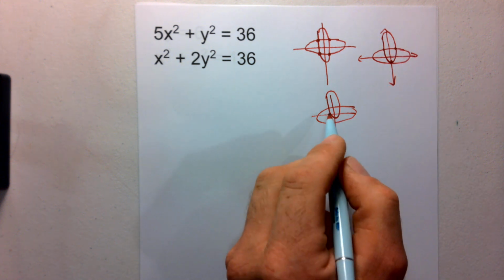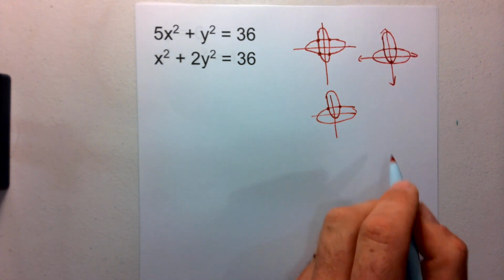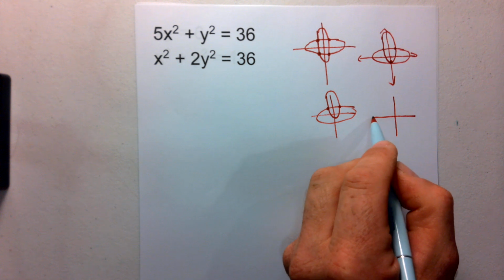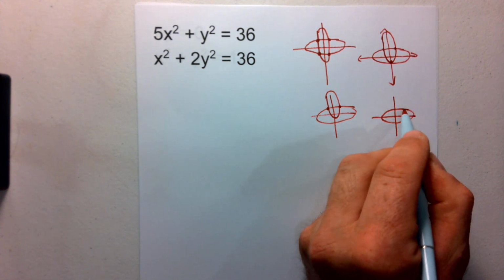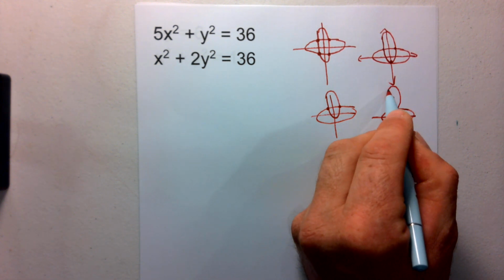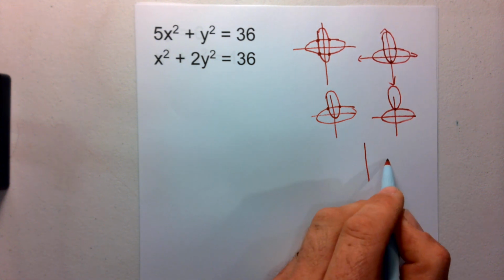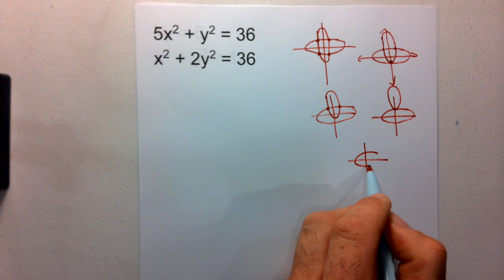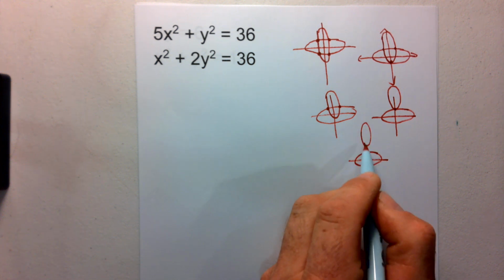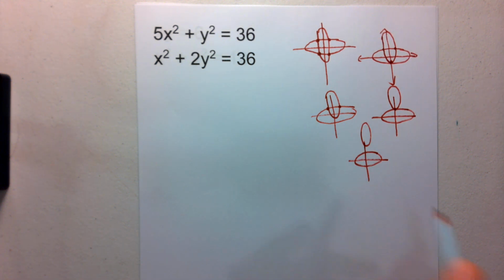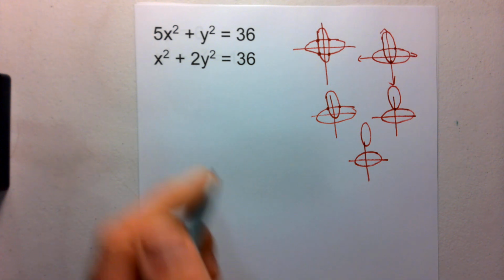But we could see that we have 2 solutions. We could see that we have 1 solution where they're just tangent to each other at one point, and we also could see where we have no solution whatsoever. So we could see something where we'd have no intersection points at all.